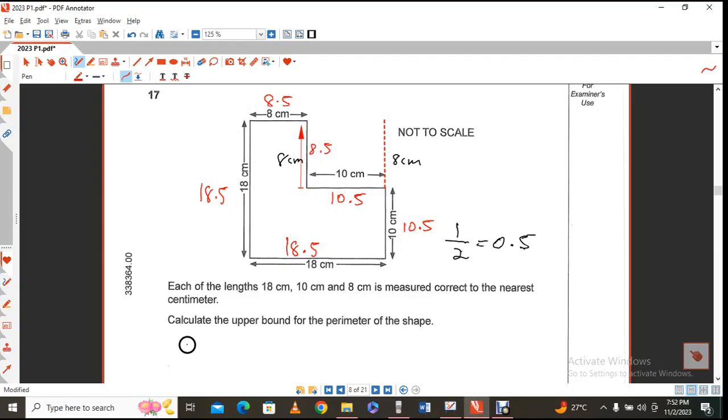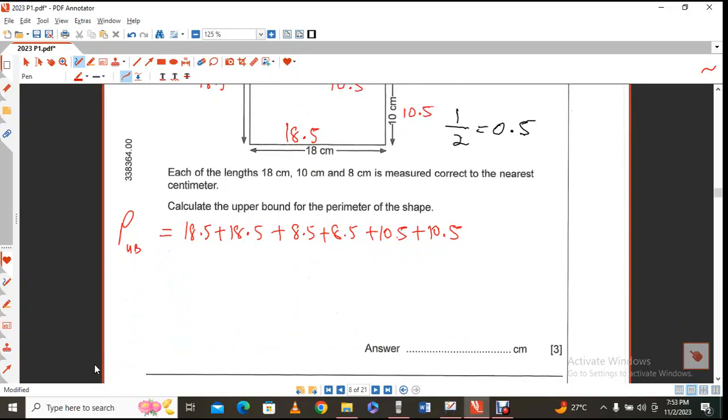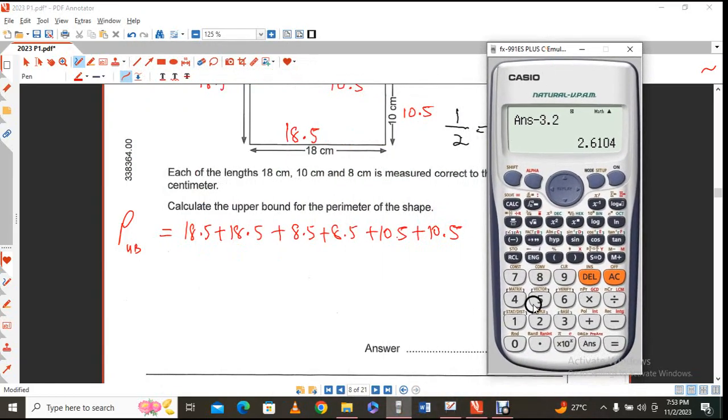If you do so, you would see that you have two 18.5s. You can multiply by 2 or simply write them down. You see that you have two 8.5s, 8.5 plus 8.5, and you have two 10.5s. So basically, to find the upper bound when you are adding the perimeter, you add upper bounds and upper bounds together. If you punch in the values, you're going to have an answer of 75.